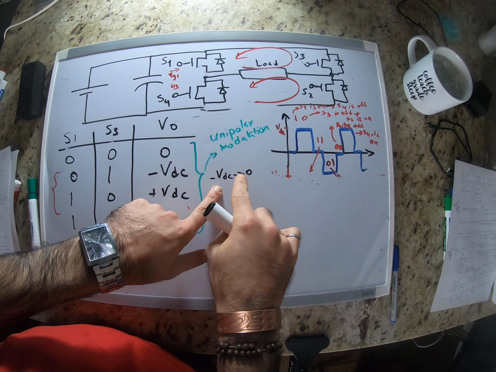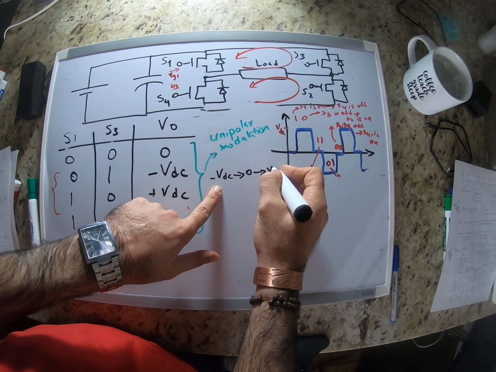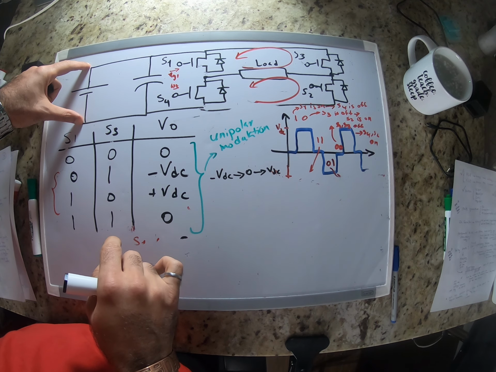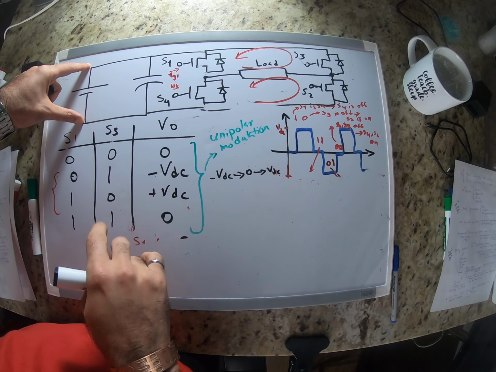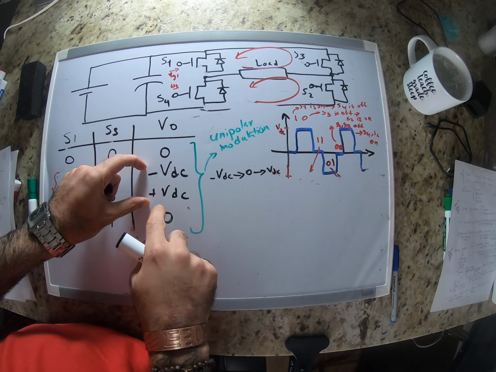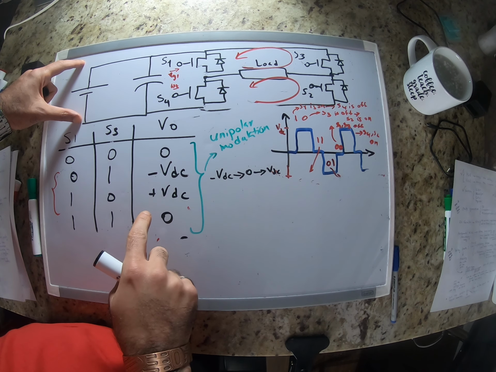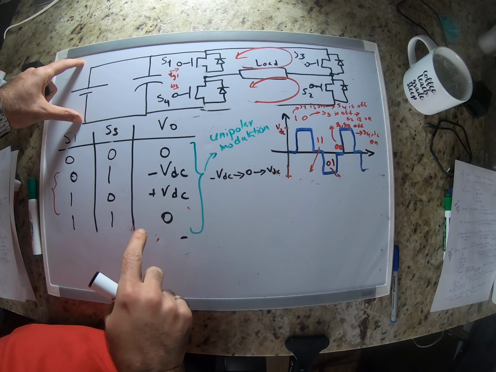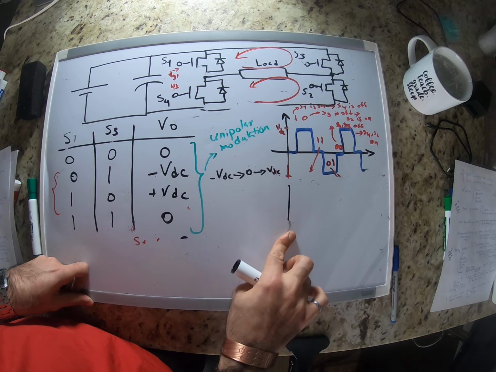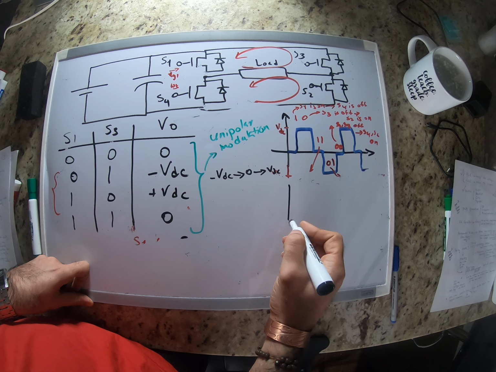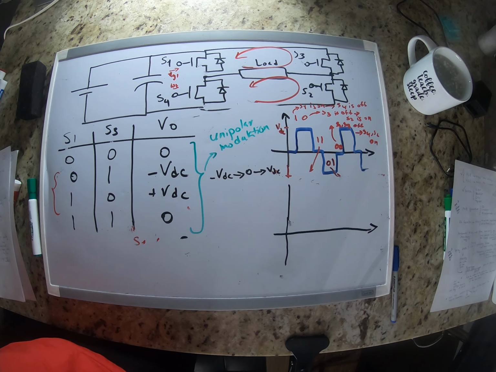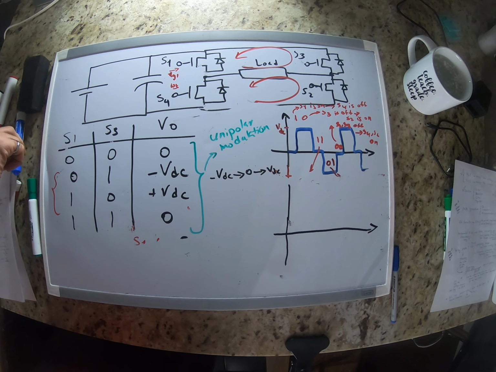It goes from negative VDC to 0, and then from 0 to VDC. The jumps between the voltages are the amount of voltage that we have at our DC source, right? But you remember, for bipolar modulation, the jumps are 2 times the DC voltage source that we have. Now, if we draw the current here, for a load similar to what we had before.